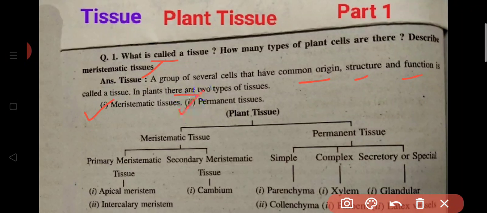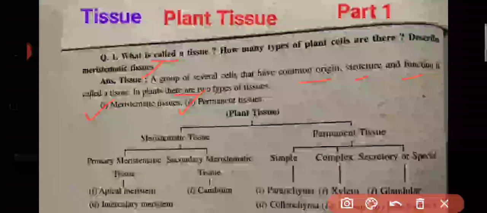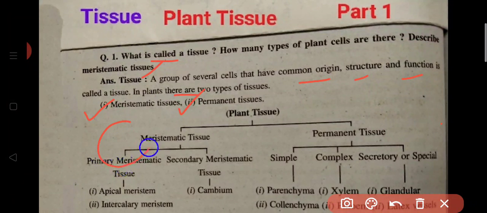Meristematic tissues are those tissues whose cells have same structure and their cell wall is thin and the shape of cell is round, oval or polygonal, and the cells are compactly arranged with each other.